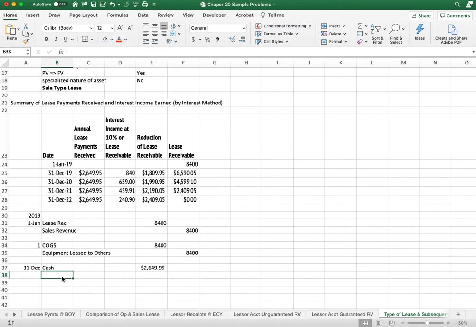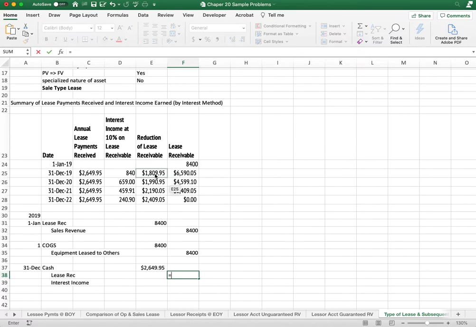So we'll have a credit to lease receivable as well as interest income. Let's indent all of these really quickly. And so we can just pull down from our table that the reduction of the lease receivable was the $1,809 and the interest income was the $840. And that's it for 2019.